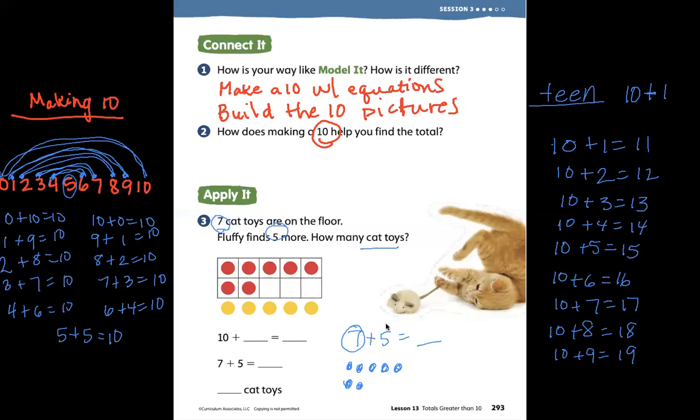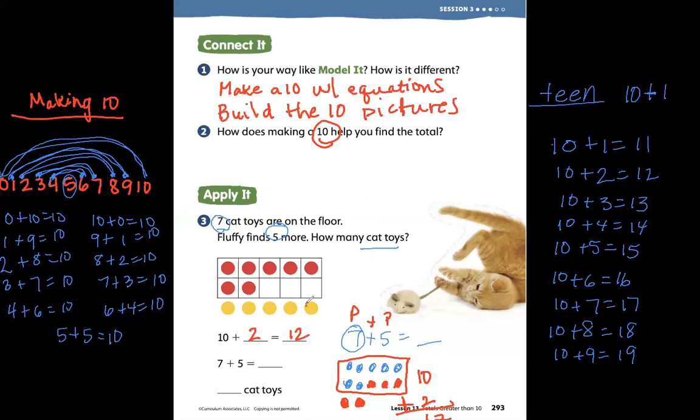Here we go, because 7 is a part, plus 5 is a part, and we put our parts together. 5 more, 1, 2, 3, new line, 4, 5. So we made a group of 10. And then how many ones do we have left over? Right, we have 2. 10 plus 2 equals 12.